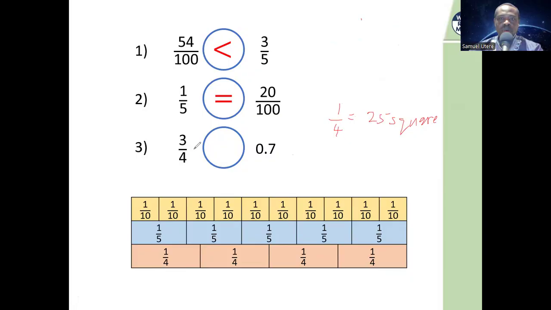So 3/4 will be 3 lots of this, which is 75. So 3/4 is 75 hundredths and 0.7 is 7/10, which is the same thing as 70 hundredths. So 3/4 is greater than 0.7.